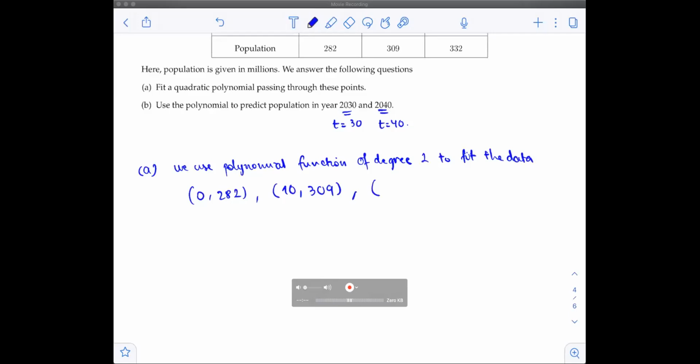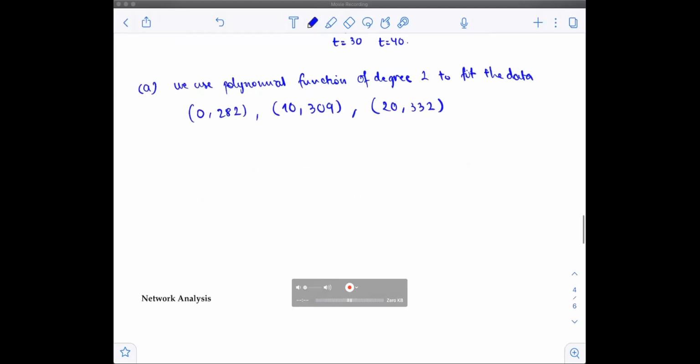And the third point is 20, 332. So the polynomial function is of the form P of x equal to a0 plus a1x plus a2x squared.